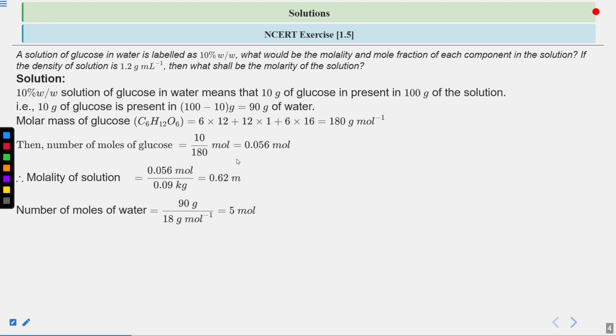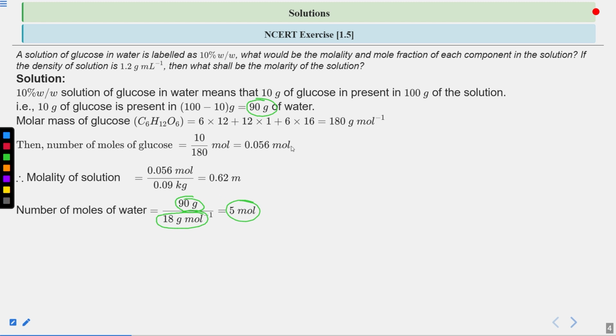Our next target was to calculate the mole fraction. For that, we also need the number of moles of water. We know that the mass of water is 90 gram. Therefore, moles of water will be given by mass divided by the molar mass, which gives 5 moles of water.